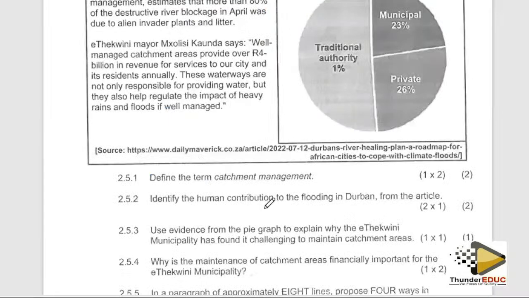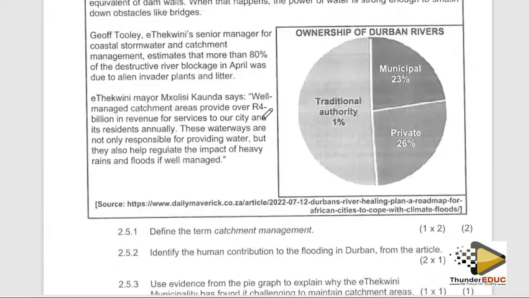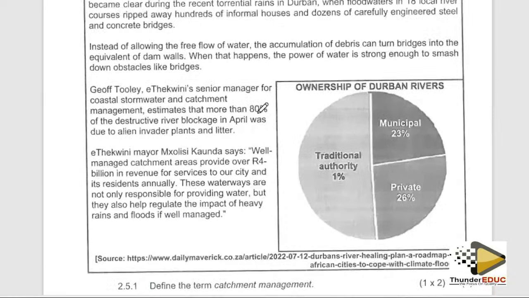Question 1.5.2. Identify the human contribution to the flooding in Durban from the article. Okay, the article, let's check the human contribution to flooding.